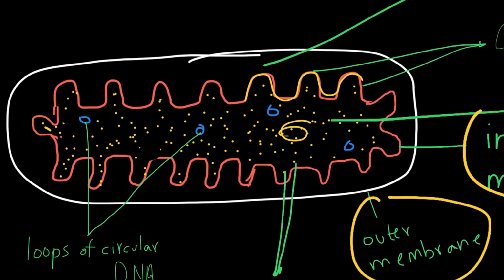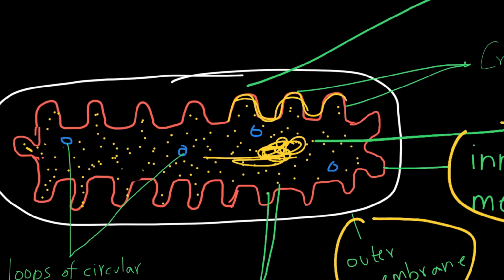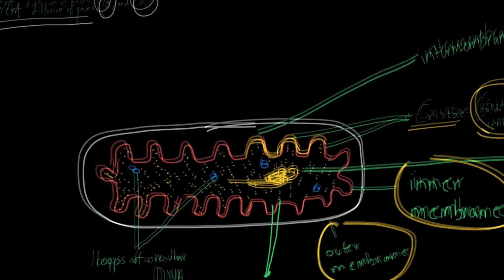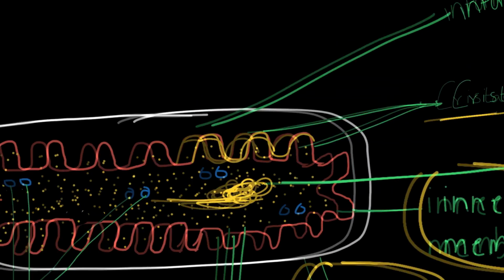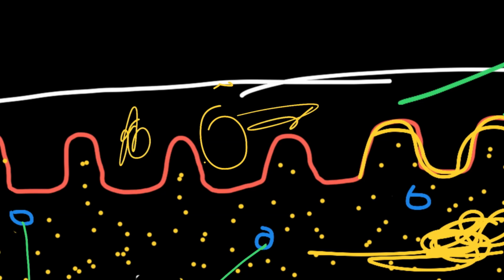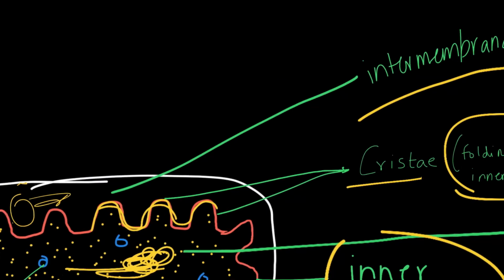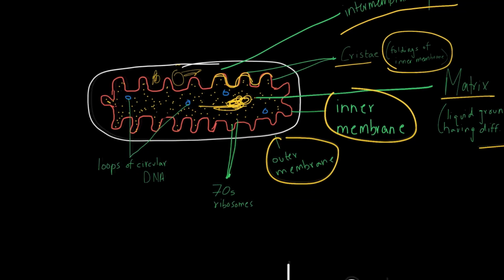So everything internally here is the matrix, and these foldings are the cristae. Now this space in between the outer membrane and the inner membrane is called the intermembranal space.